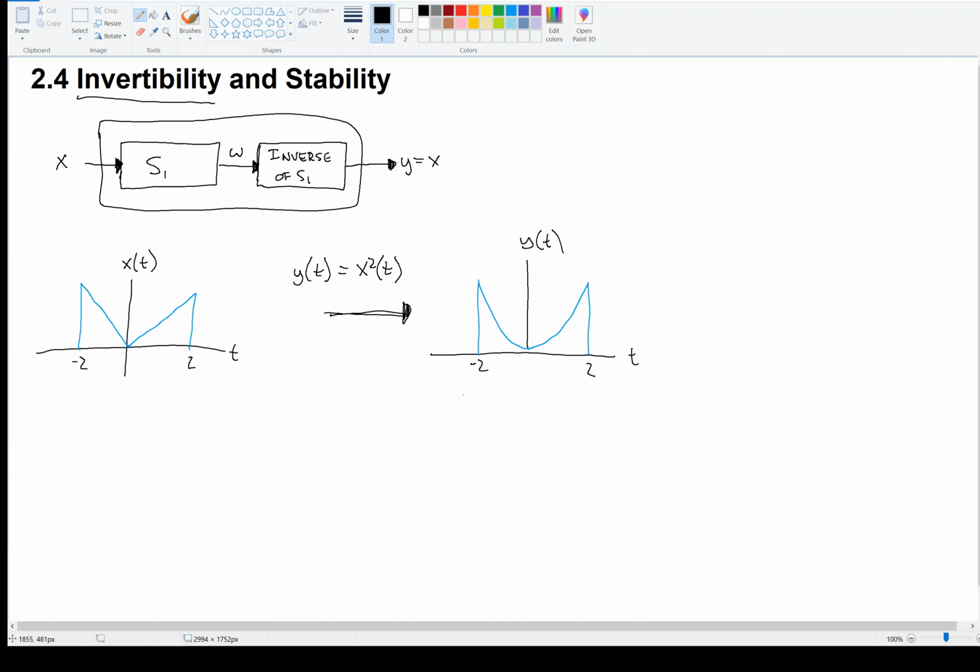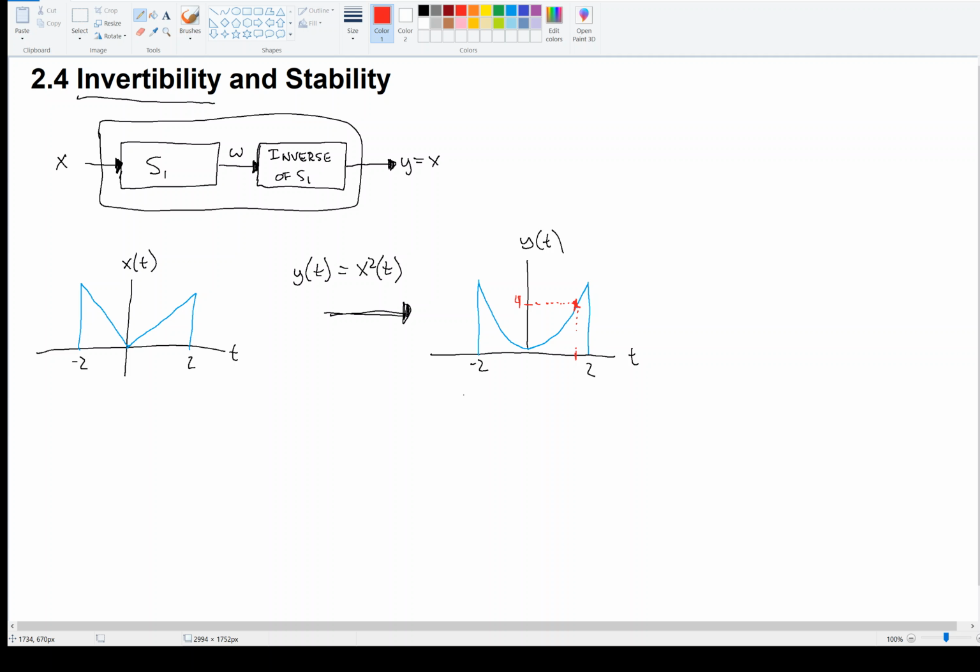Okay, well, now let's begin to put some scale to the vertical axis. So let's say that at some certain time, I observe maybe 4, the value 4 at the output.